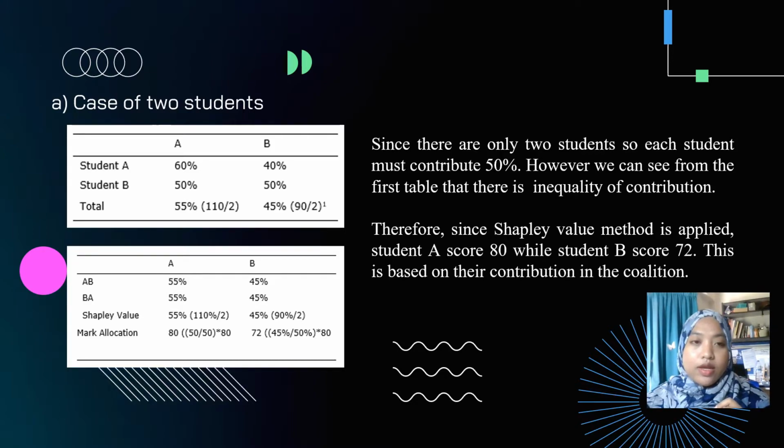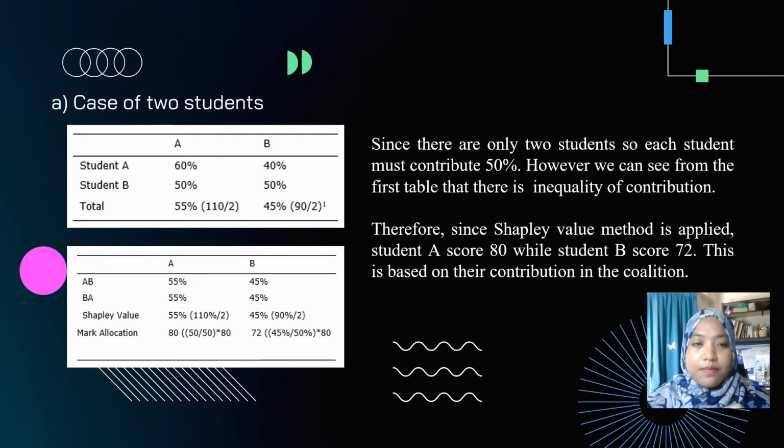So we can take a look at the second table, where the Shapley value for student E is 55%, while the Shapley value for student B is 45%. And the mark allocation of student A is 80. It is noted that the students' group mark is 80 over 100. So why does student A get 80 marks?